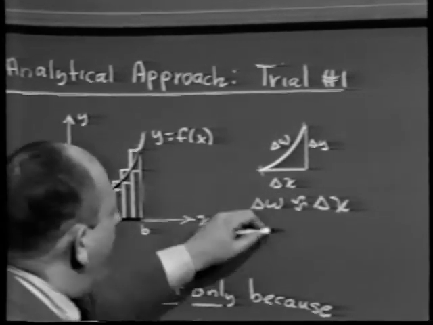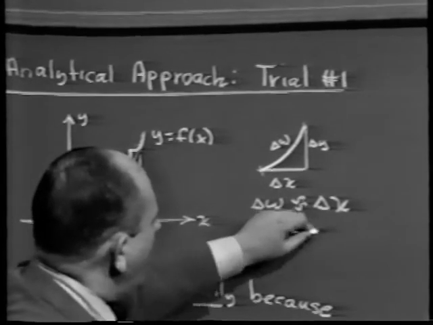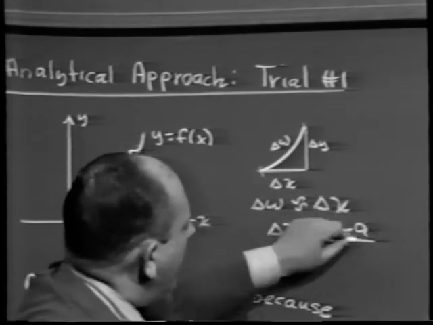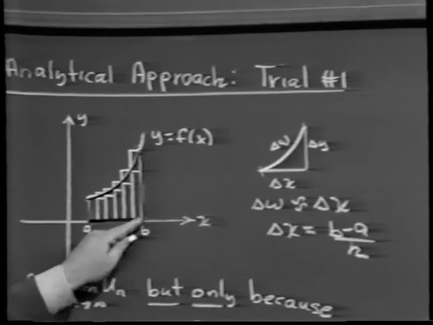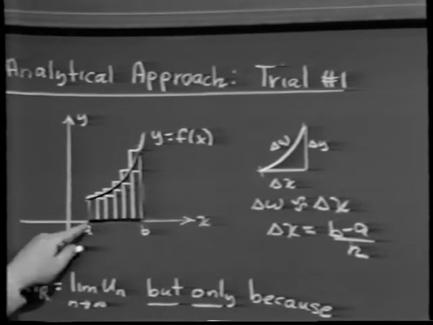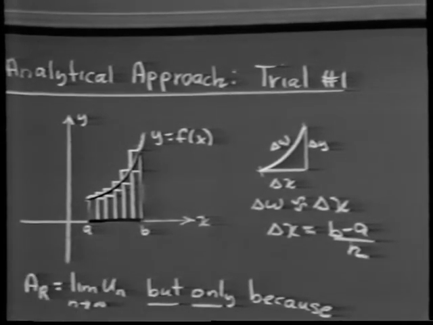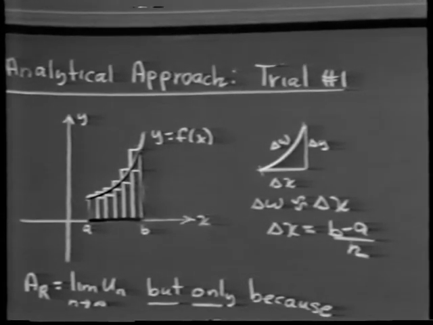And just to make sure that our memories are refreshed, notice that delta X is just the length of each piece if the segment from A to B, namely of length b minus a, is divided into n equal parts. See, the idea is, why can't we mimic the same approach?